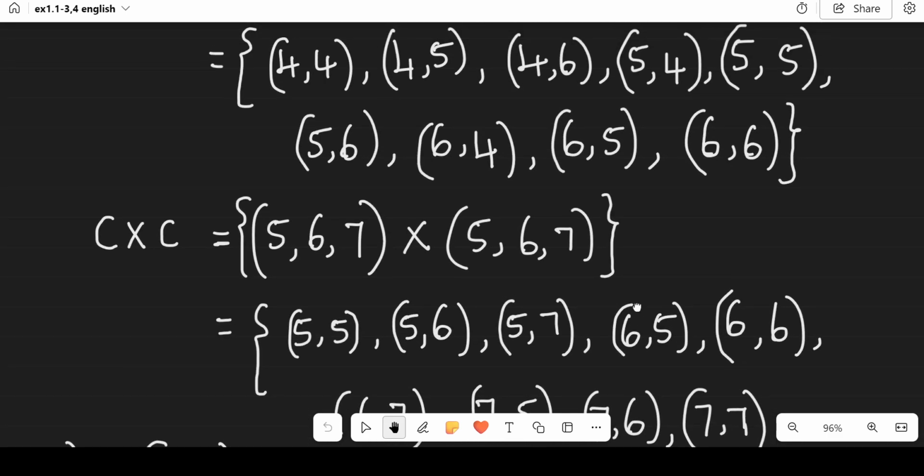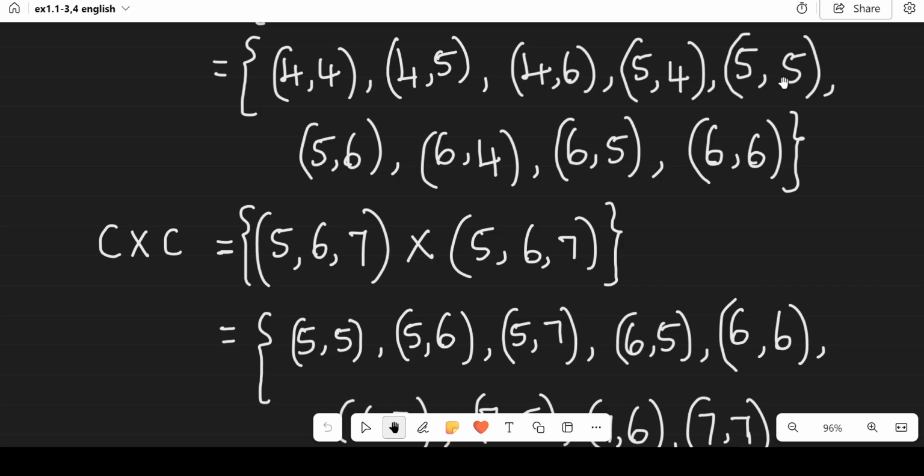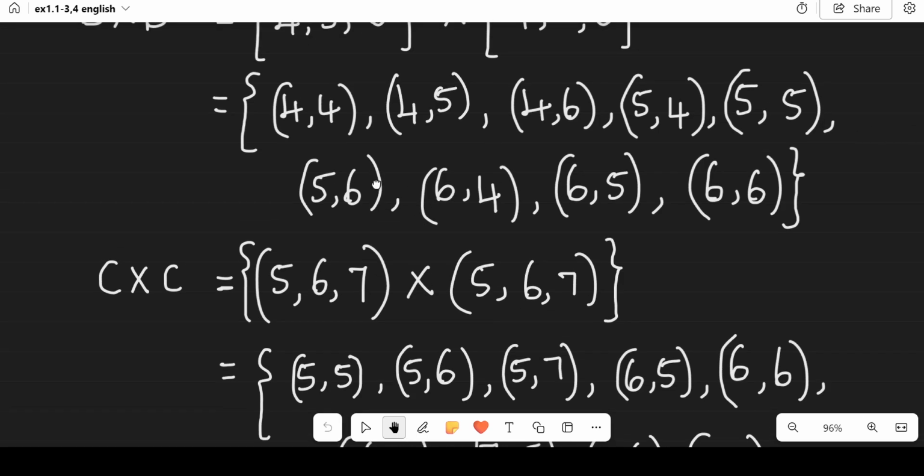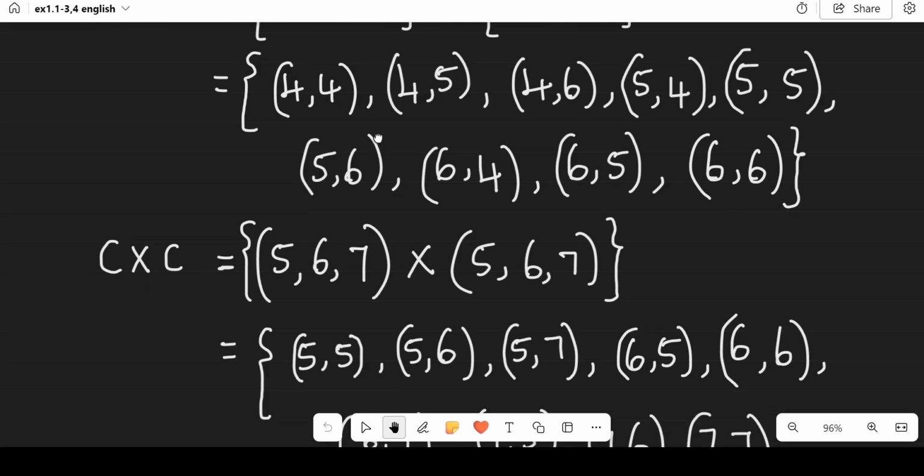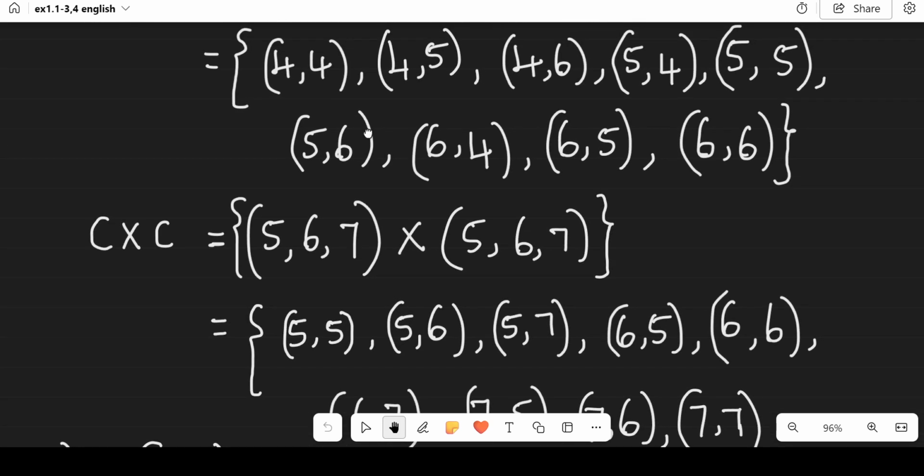Nothing is there, right? Then (5,5). Yes, (5,5) is there. B cross B has (5,5) and C cross C also has (5,5). Then (5,6) is also there, here also. So (5,5), (5,6).